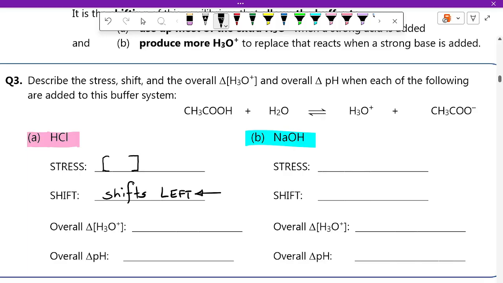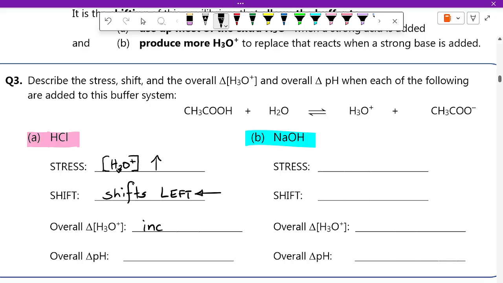For our HCl, what concentration is changing? Hydronium. Very nice. And H3O plus increases. So that would cause a shift to the left. What happens to the change in hydronium overall? Does it increase or decrease?